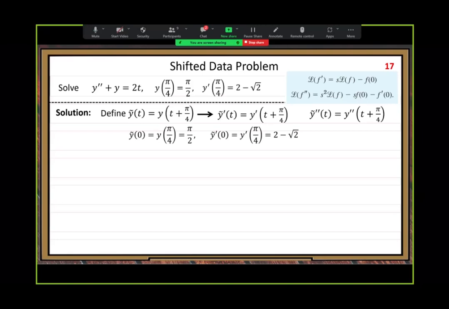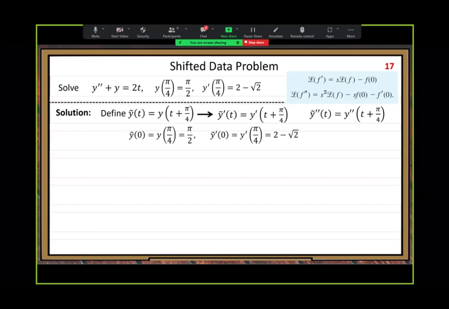After we do the conversion, for the ODE with respect to the y tilde function, you will see the initial values are right for the given formula, right? We can apply it. So that's the key step.